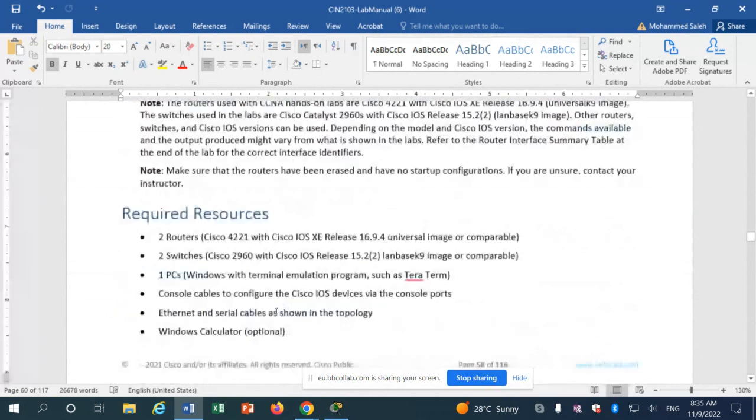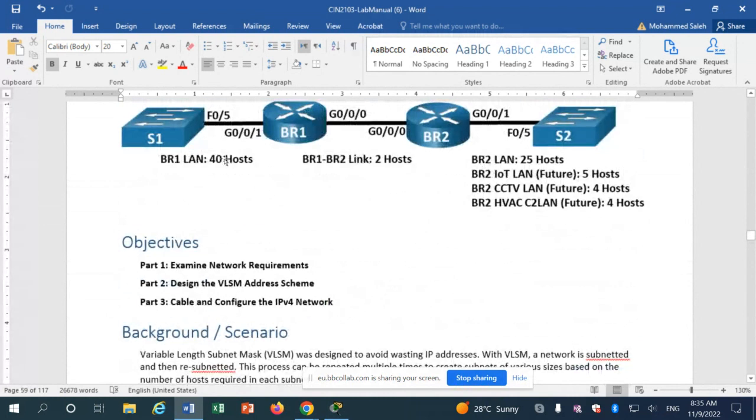This is 4 plus 1 plus 1, because the link between the two routers is also a LAN. So we have 1 LAN here, 1 LAN here, and how many LANs here? 1, 2, 3, 4.